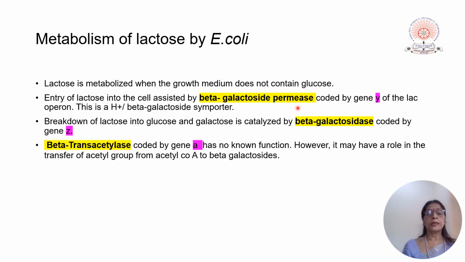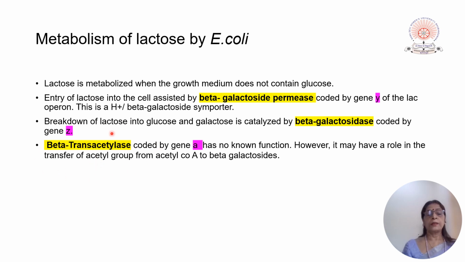Beta-galactoside permease is coded for by the gene Y. After entering into the cell, lactose breaks down to glucose and galactose or allolactose, and this is catalyzed by the enzyme beta-galactosidase that is coded for by the gene Z.